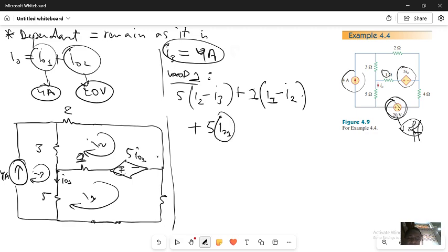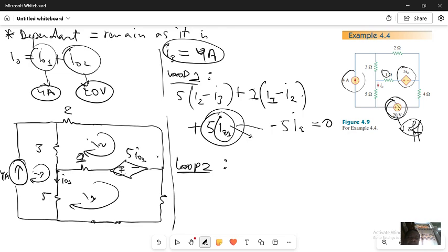I have to replace the 5 I01. I01, if you see here, is the opposite of I1. So it's going to be replaced by minus 5 I1, equal to 0.